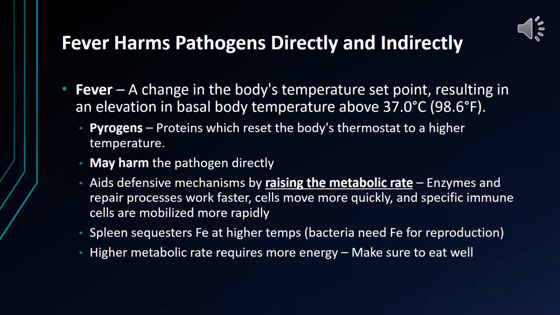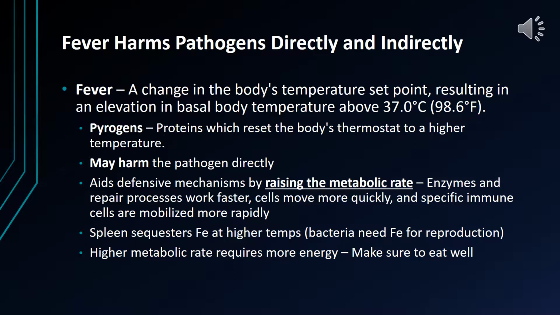But anyway, these proteins reset the body's thermostat to a higher temperature, and the increase in temperature may harm the pathogen directly because it won't necessarily be able to survive at a higher temperature.